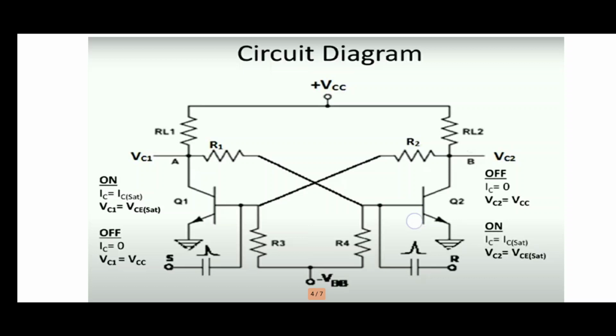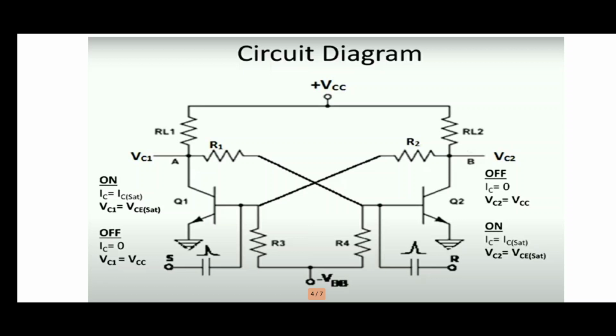That minimum voltage is less than the cut-in voltage, so Q2 automatically turns off. This is the first condition of this bistable multivibrator. If you want to change the transition from Q1 on to off and Q2 off to on, we have to apply a trigger pulse to this circuit.